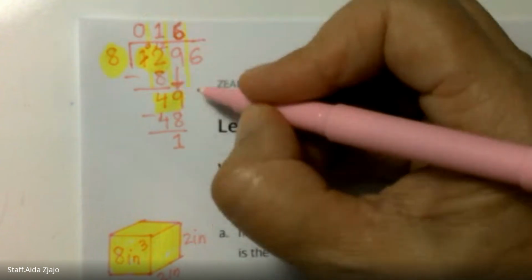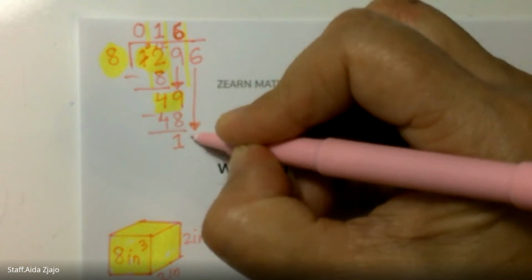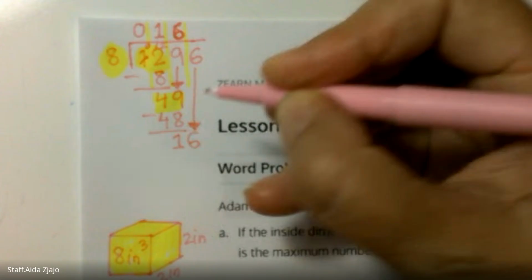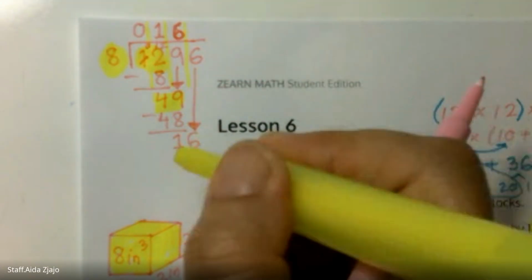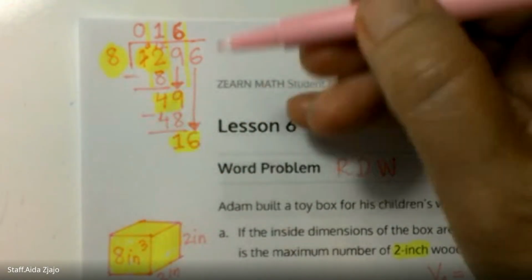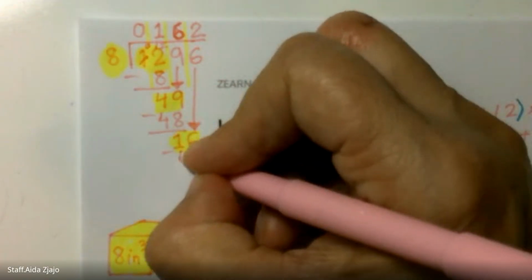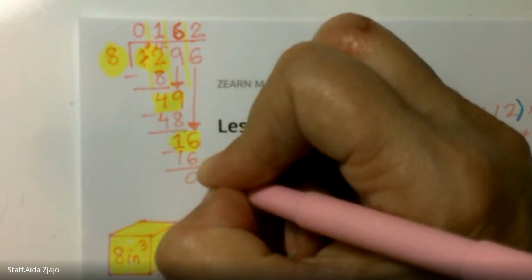But then we will bring down the ones. And now we have 16 ones. And we can think, if we have 16 ones, how many groups of 8 we can make. Of course, 2 times 8 is 16. So we don't have leftovers.